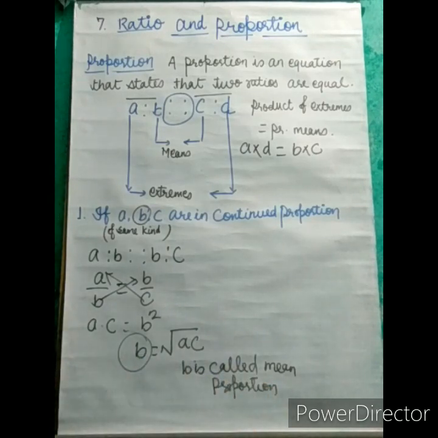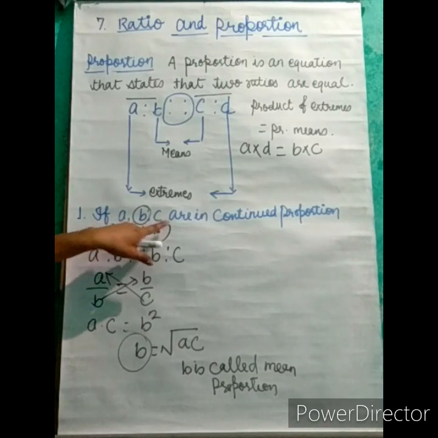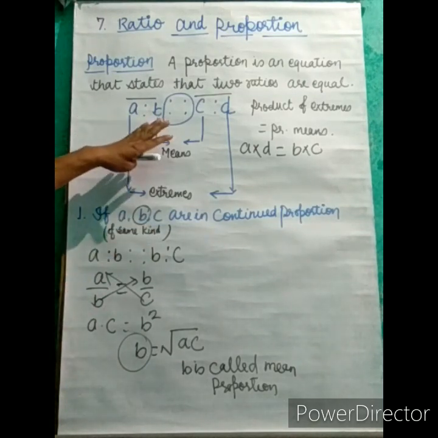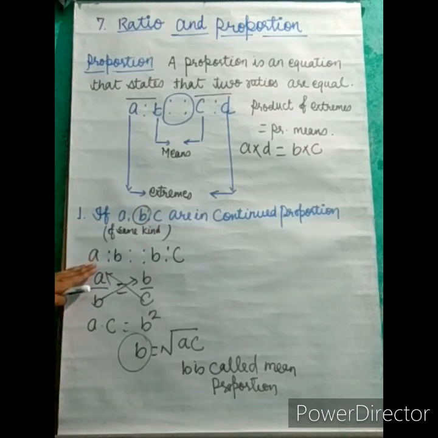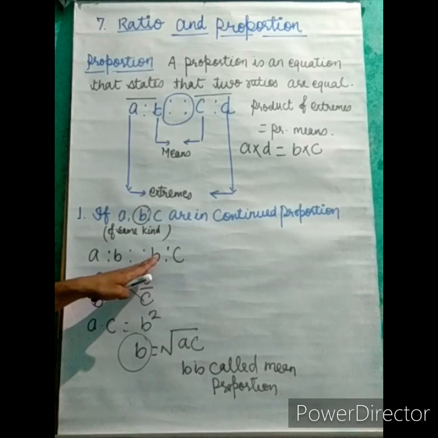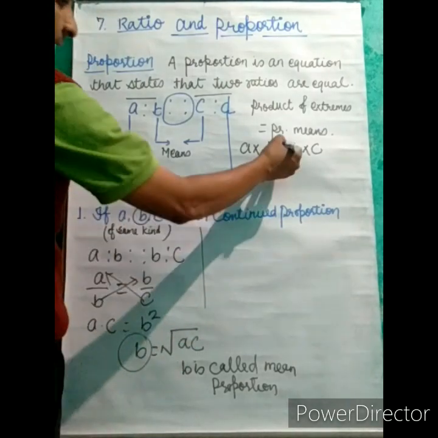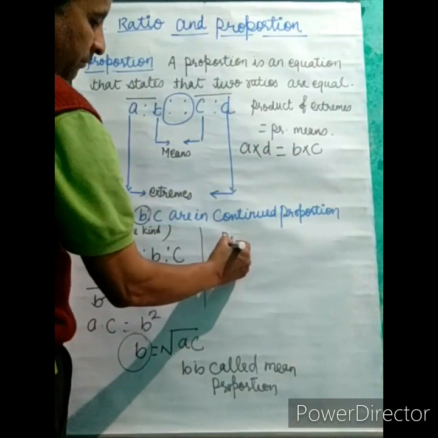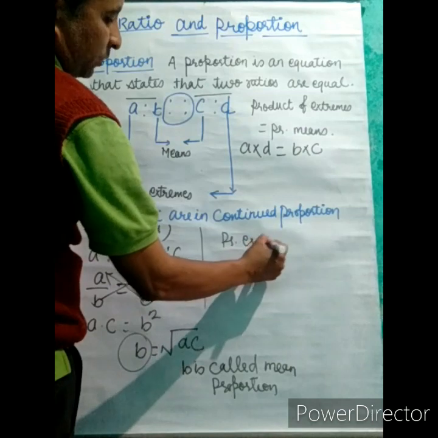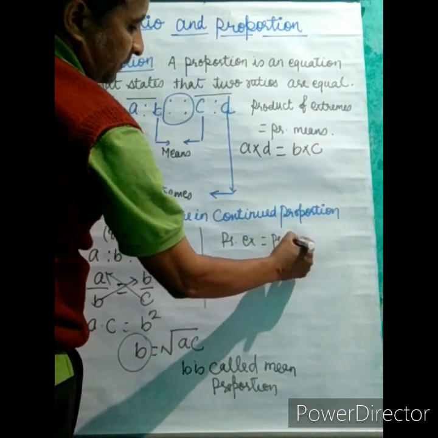Just remember, if three quantities of the same kind are given, how do we write them in proportion? A, B, C, three only. If four are given, it is easy to write. When three are given, what do we do? A ratio B. The middle one we write two times. Proportion sign, B ratio C. After that, product of extremes equals product of means.